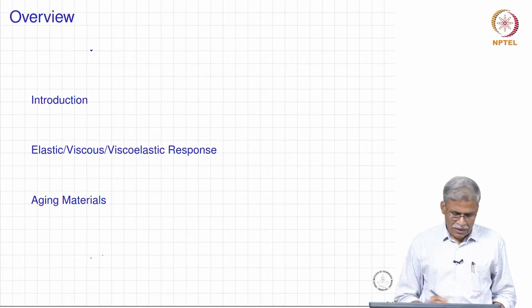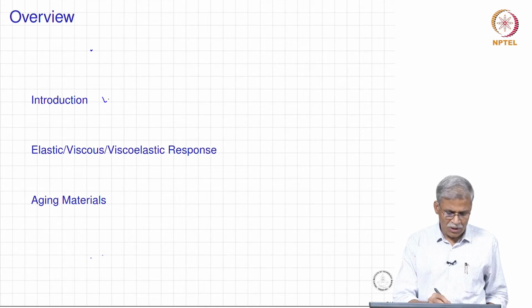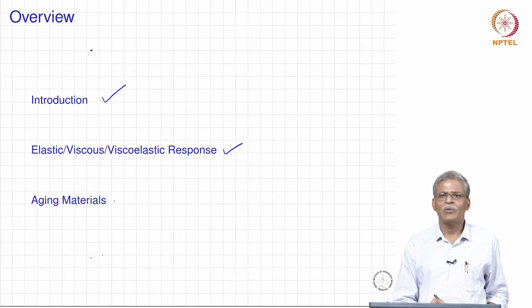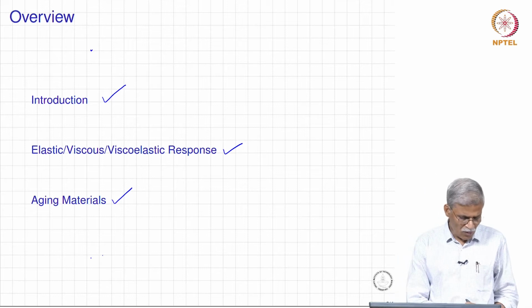And the overview is, we will have an introduction, we will be talking about elastic, viscous, viscoelastic response, and then we will also introduce in a nutshell what is an aging material, though we will not be spending too much time on this. Okay.